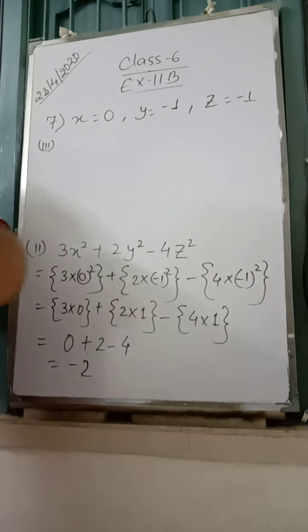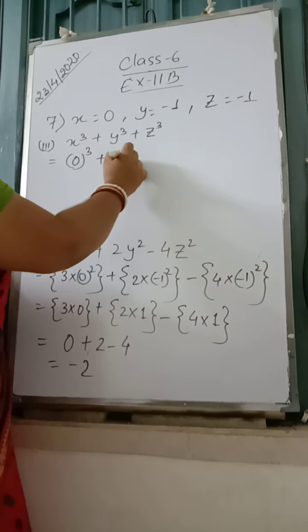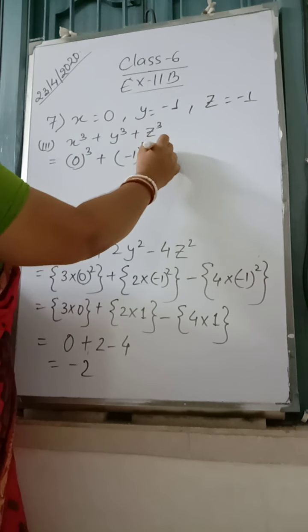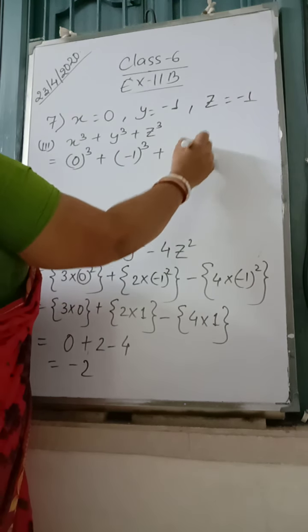The value of x is 0 cube, plus value of y is -1 cube, plus z is -1 cube. 0 cube gives you 0, plus -1's cube gives you -1, and plus -1's gives you -1. Now 0 plus minus 1 plus minus 1, answer is -2.